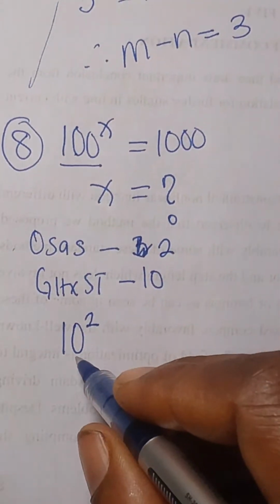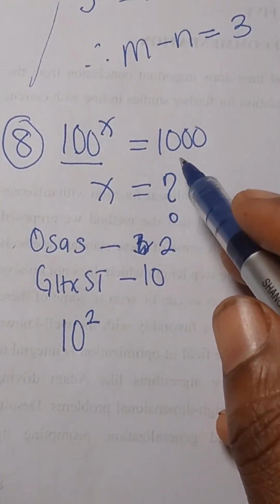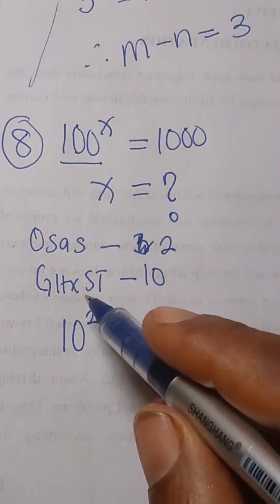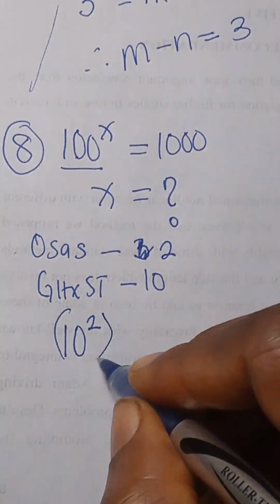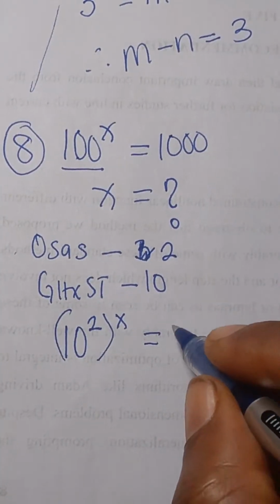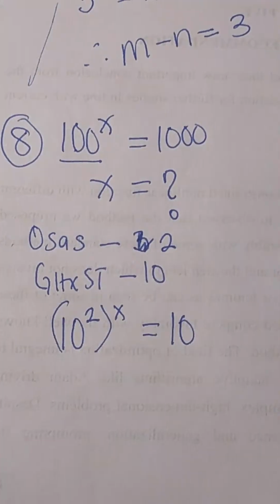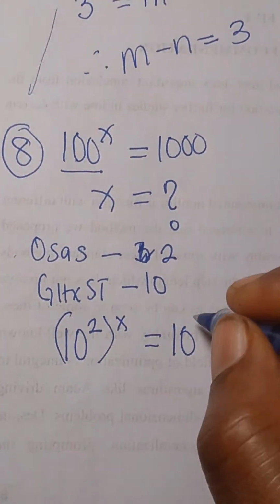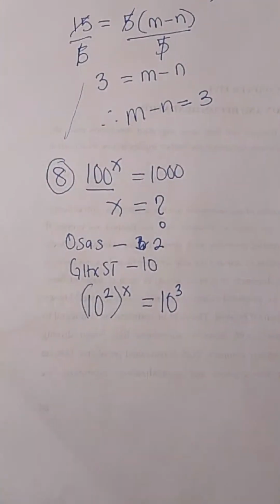We know this because we are going to make them have the same base. So 100 is 10 raised to power 2, raised to power x. Then 1000 is 10 raised to power 3. Let me solve now.